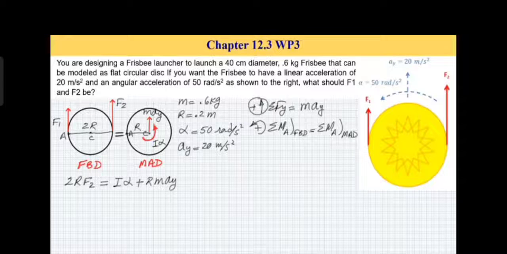If we apply the numerical values, 2 times r, or the diameter, is 0.4 meters, times F2, equals, I recall that I is 1/2 times 0.6 times the radius 0.2 squared, times alpha, which is given as 50, plus the radius of 0.2 times the mass 0.6 times a_y, which is 20 meters per second squared.